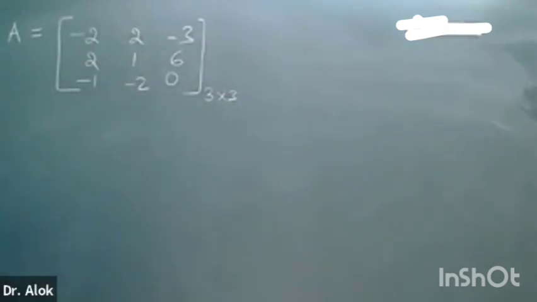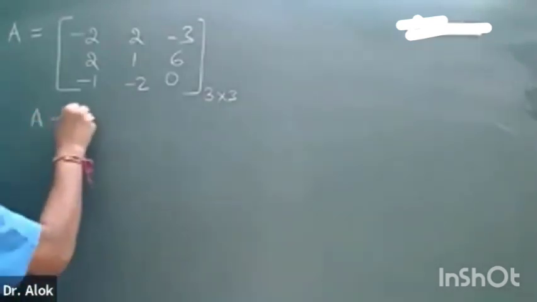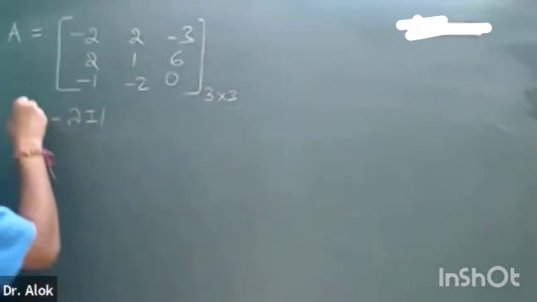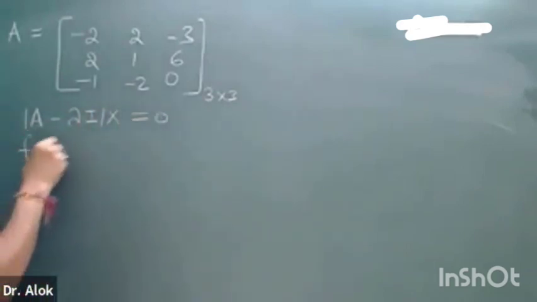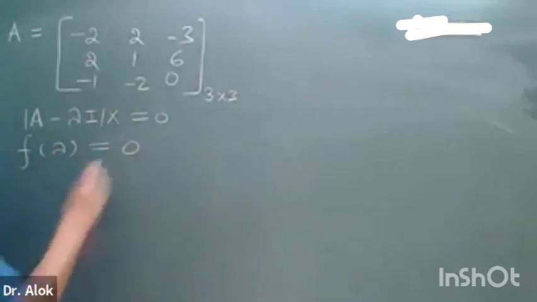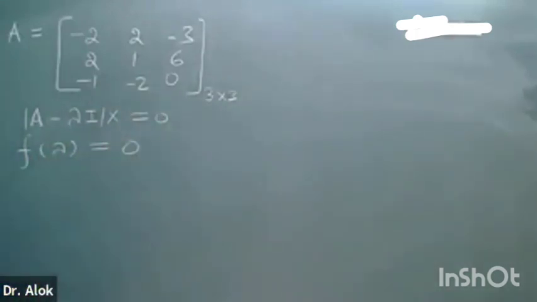So please write A minus lambda I x is equal to 0 and characteristic equation f lambda is equal to 0. Write quickly, everybody, and tell me.